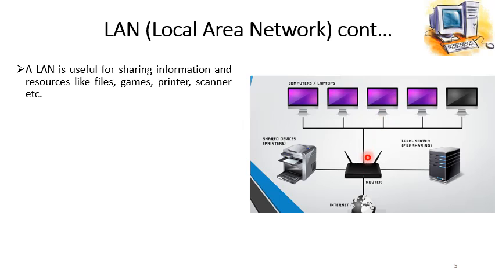So a LAN can also be used to share resources like printers and scanners or other files with the computers. And also this router provides the internet access to all these computers which are connected in this local area network.